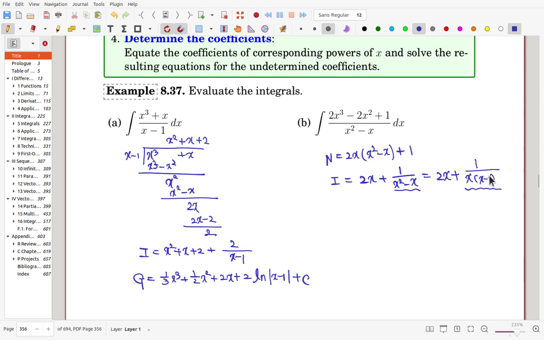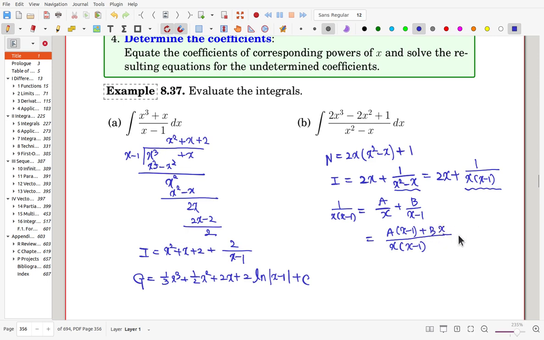It's a proper rational function, and we'll try to get the partial fractions for that. Here 1 over x times x minus 1. For this one, A over x plus B over x minus 1. Then we combine them with denominator x minus 1, and for the first term we have A times x minus 1, for the second one B times x, right?